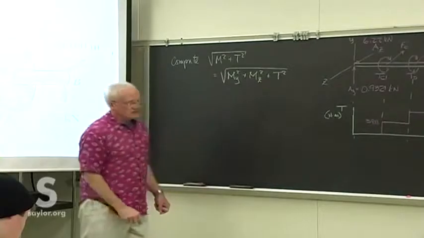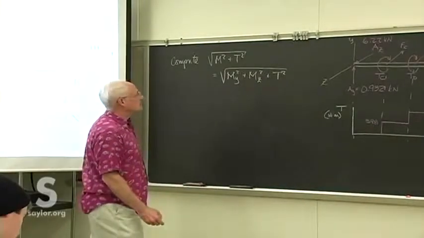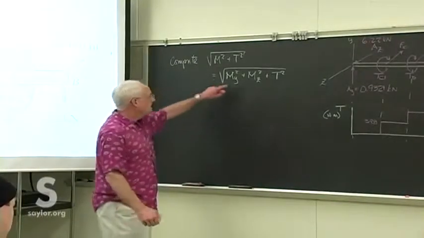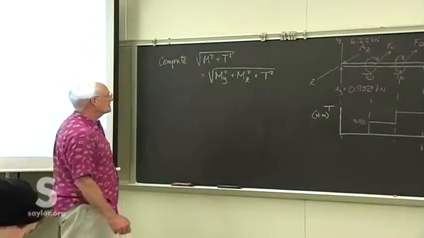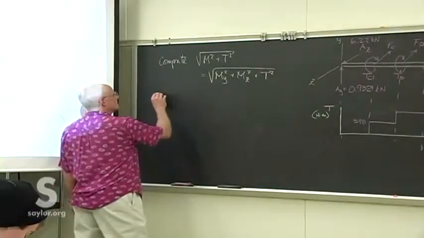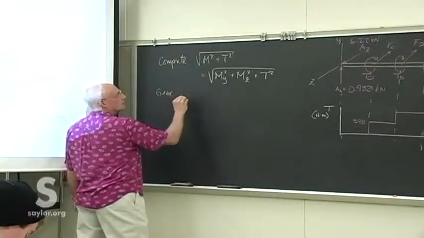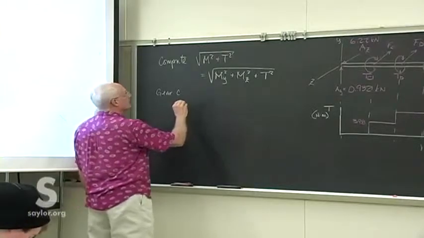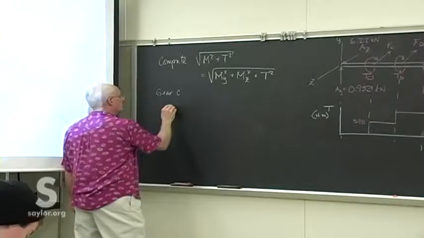And then we do this for each of the 3 spots to figure out where the worst case scenario is, where the moment plus the torsion together are the worst possible situations. So we do that for each one of those. Gear C, we get, and this actually we could call a moment if we want, I guess.